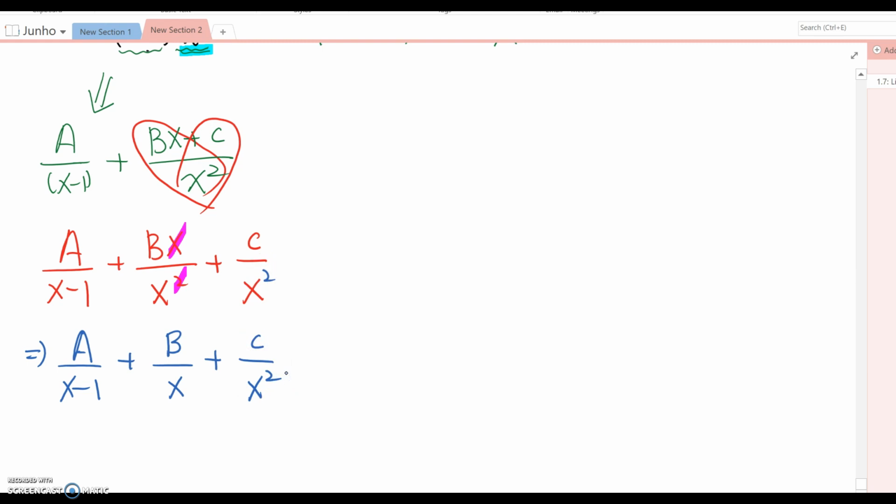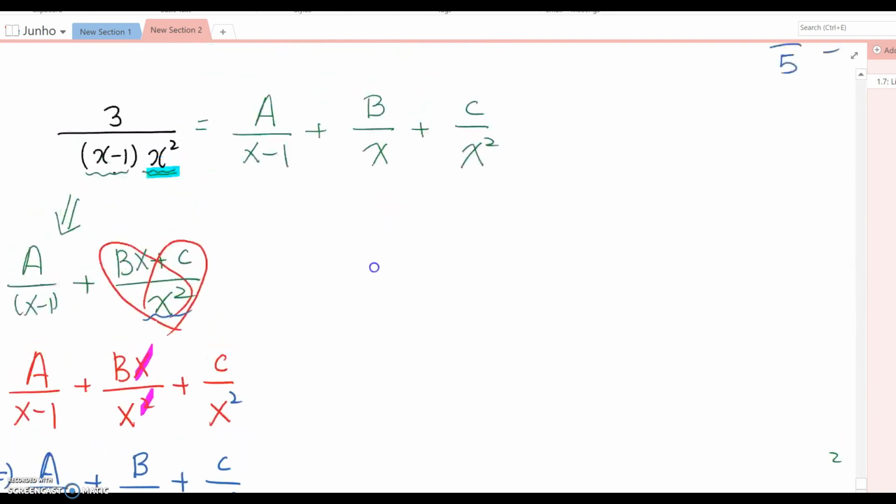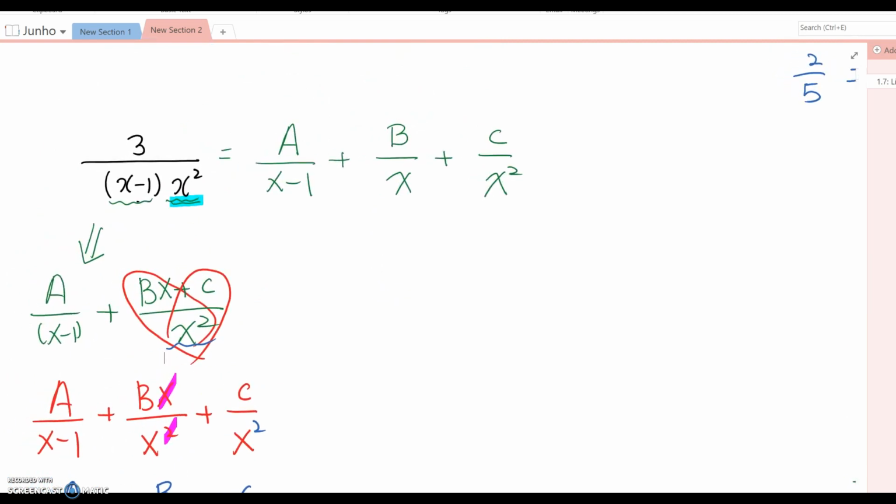Okay, so that's the reason. So now for any quadratic setup here, we can follow this setting. We will cover some other questions in the next video, but this time we just focus on solving this problem.